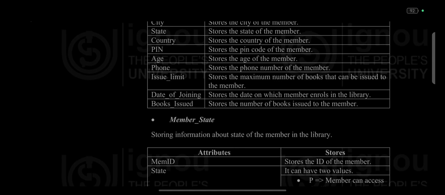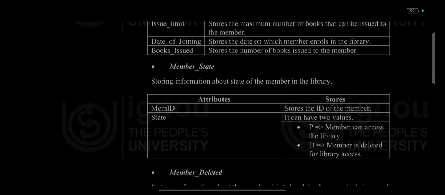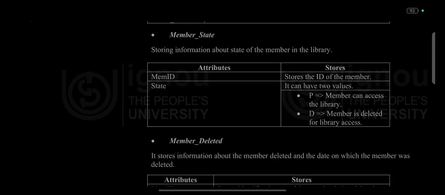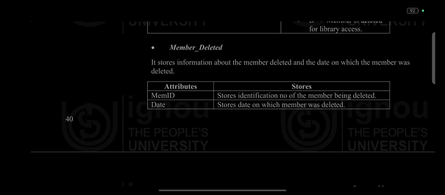State stores the state of the member. Country stores the country of the member. Pin stores the pin of the member. Age stores the age of the member. Phone stores the phone number of the member. Issue limit stores the maximum number of books that can be issued to the member. Date of joining stores the date on which the member enrolls in the library. Books_issued stores the number of books issued to the member.